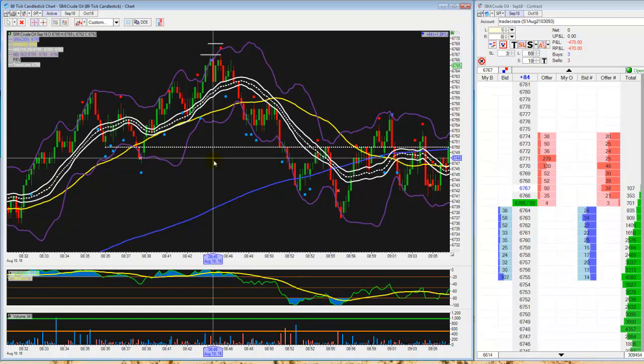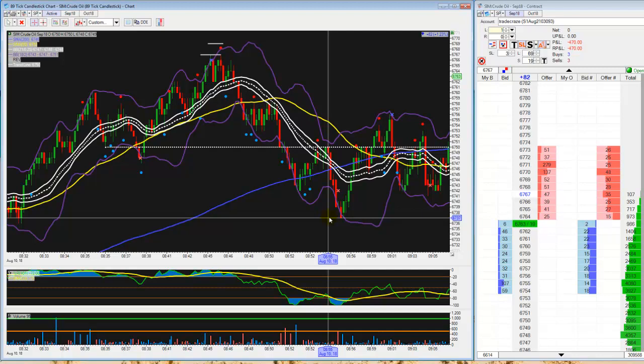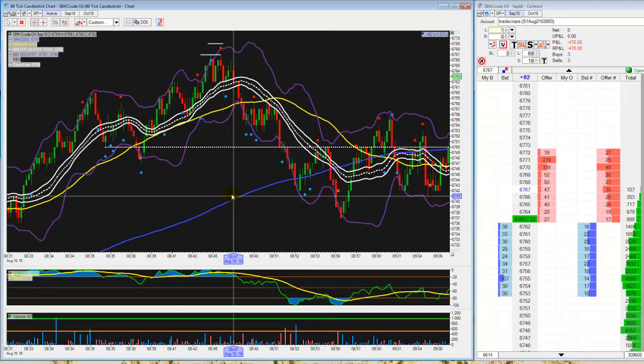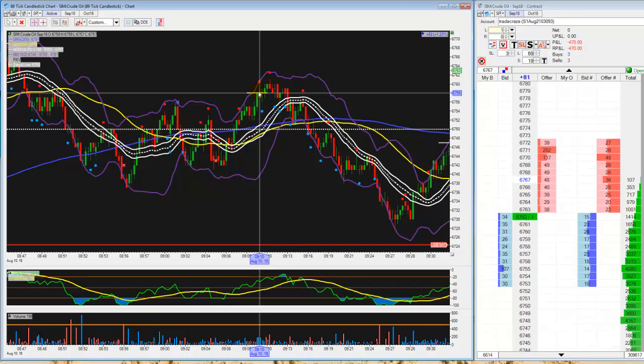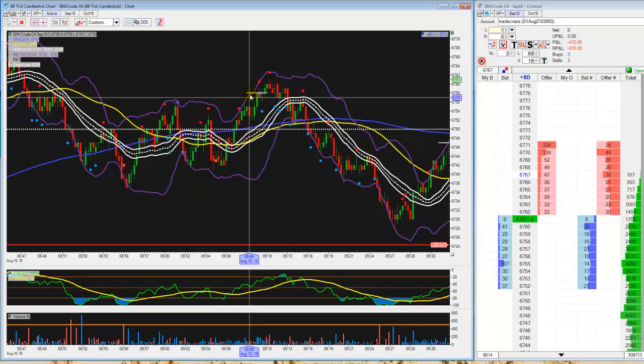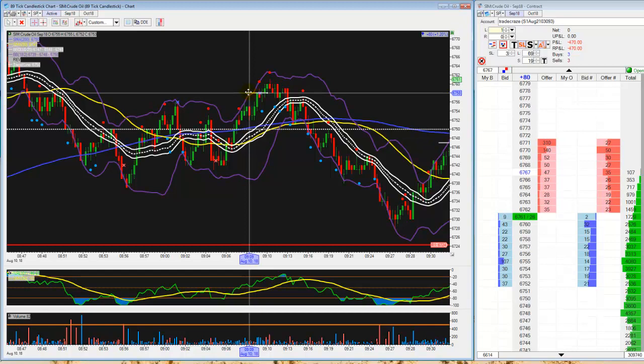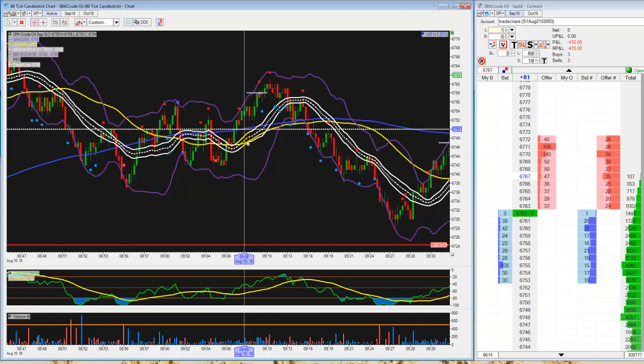So 48 was entry point, went 11 ticks in my favor, so then I dropped this down 11 ticks, and that would have been the exit point right here at 58. So 49, 48, 58, I guess, right? So a 10 tick hit on this trade.